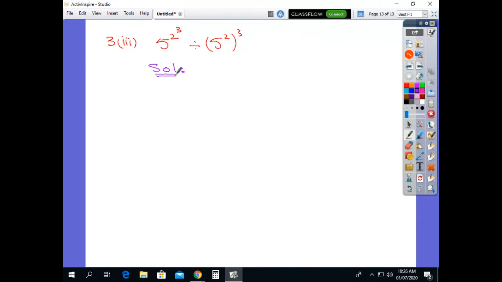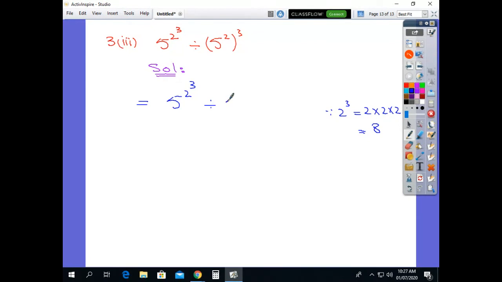Both are different numbers. Here we see 5 raised to power 2 raised to power 3. 2 raised to power 3 means we multiply 2 three times. 2 multiplied by 2 multiplied by 2 becomes 8.